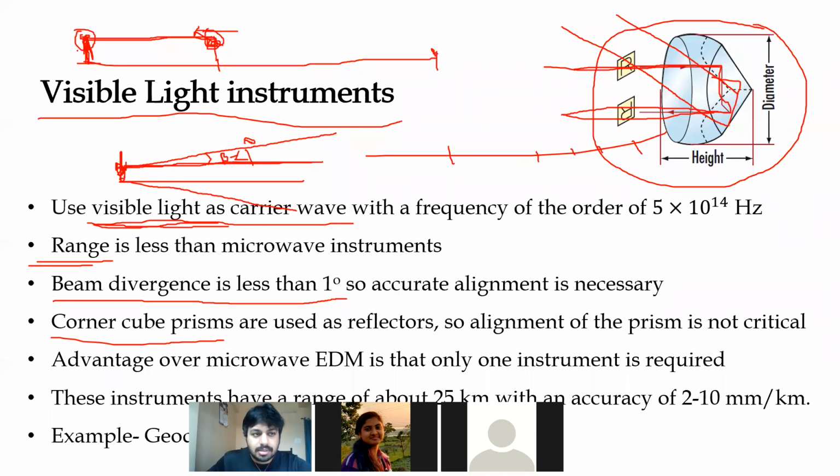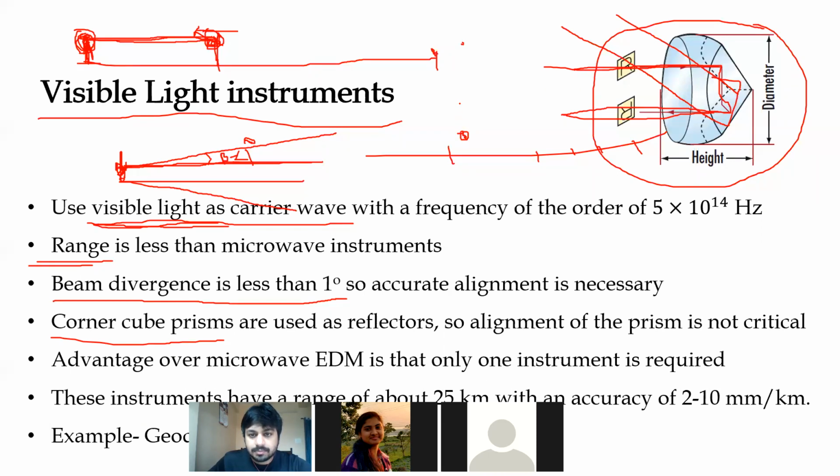If you are placing your active instrument, or in this case the only instrument here, then you have to align your reflector accurately. Aligning means, suppose now I am drawing the top view. This is where the source is and this is where the destination is.